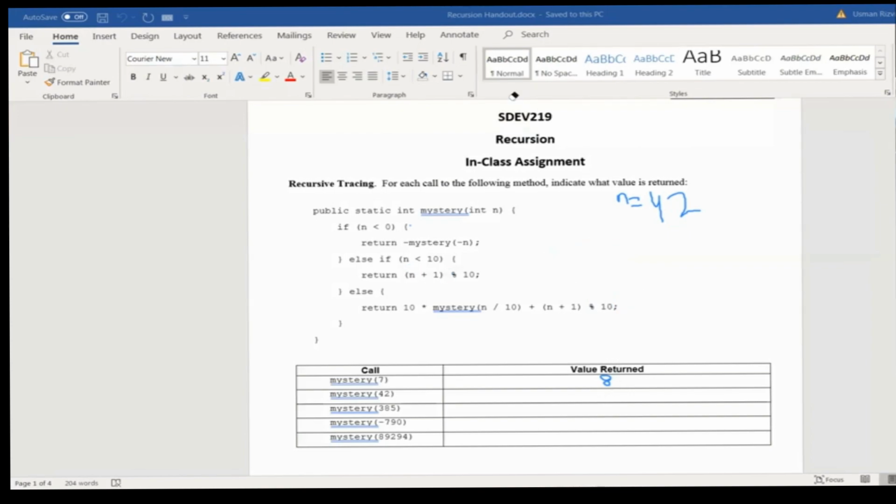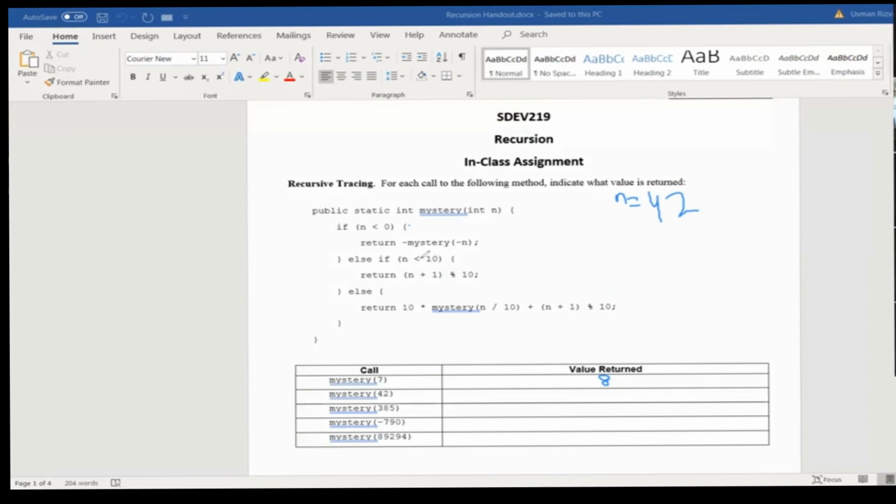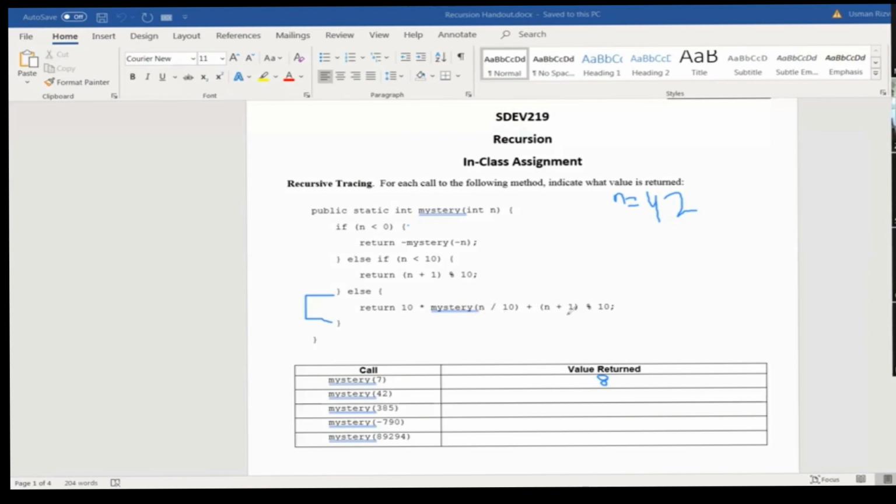So now we have n equals 42. I think Jennifer said we don't go in there because it's not less than 0. Do we go in this one? Is 42 less than 10? Nope, we don't go inside that statement either. So the only thing left is the else part. Now we go in here and try to solve this.